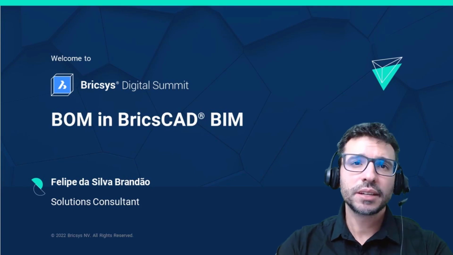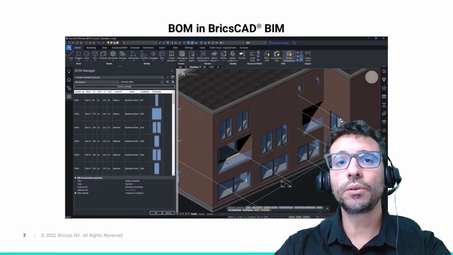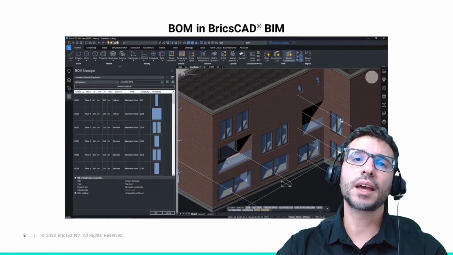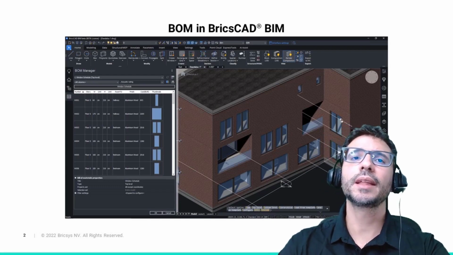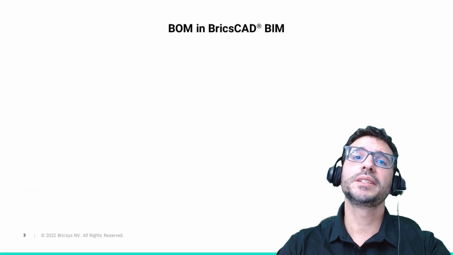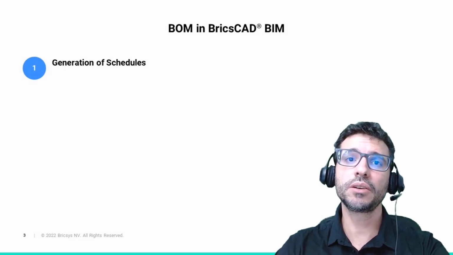We'll be together in about 20 minutes to show some of the properties of the BOM, this amazing functionality, how to create a schedule, how to do many operations with it, and then insert it in our projects. The main topics will be the generation of window, a door, and also a material list.